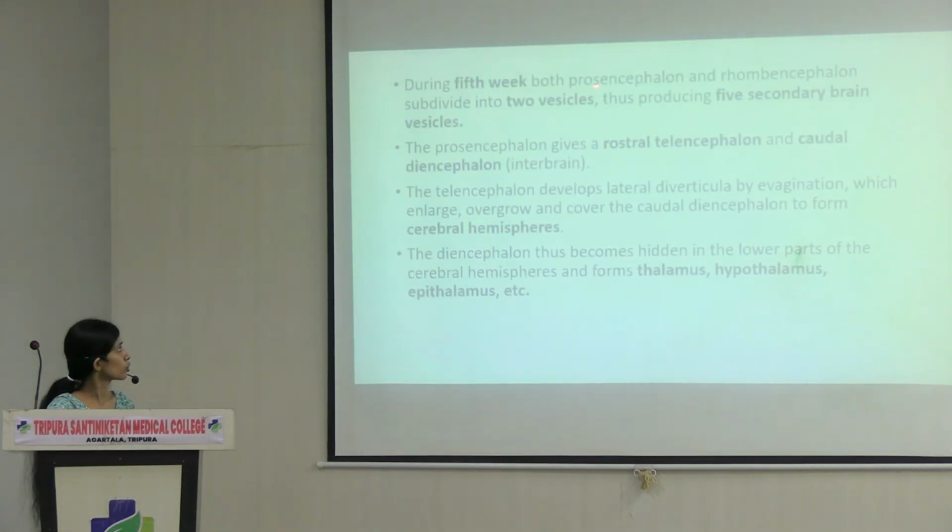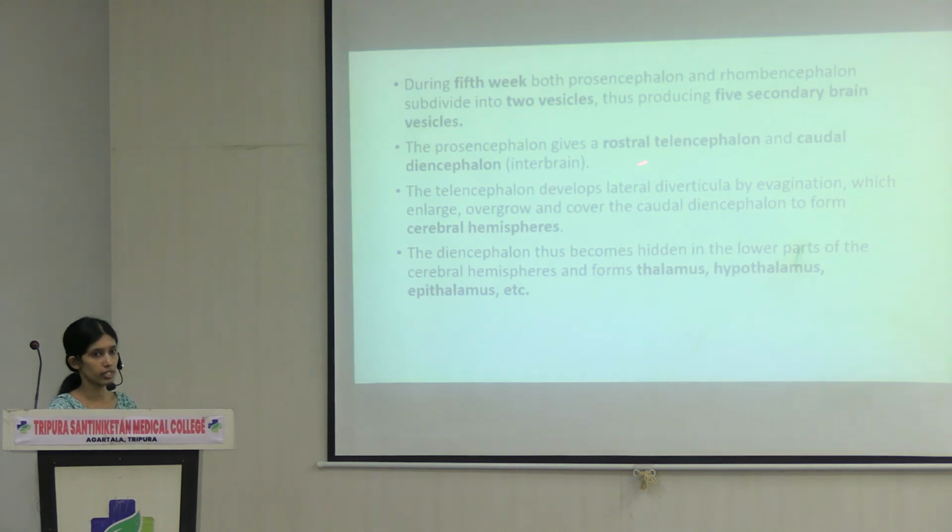During 5th week, both prosencephalon and rhombencephalon subdivide into 2 more vesicles, thus producing the 5 secondary brain vesicles. The prosencephalon gives rise to telencephalon and diencephalon. The telencephalon develops from the lateral diverticulum by invagination, which enlarges, overgrows and covers the caudal diencephalon to form the cerebral hemisphere.